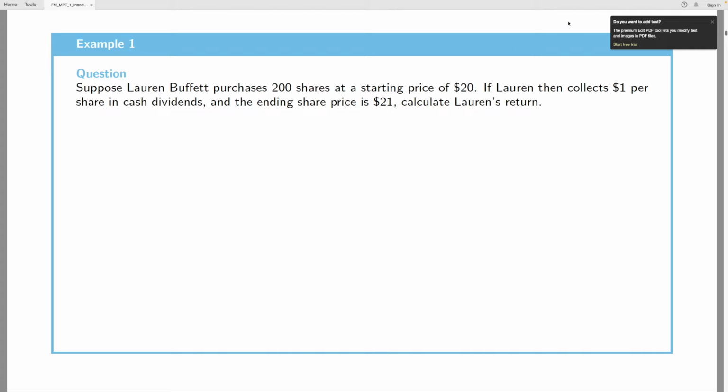Suppose Warren Buffett purchases 200 shares at a starting price of $20. If Warren then collects $1 per share in cash dividends, notice the dividends, and the ending share price is $21, let's calculate Warren's return.